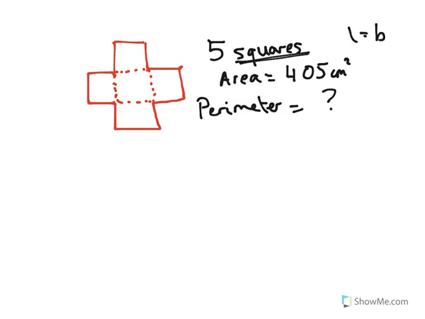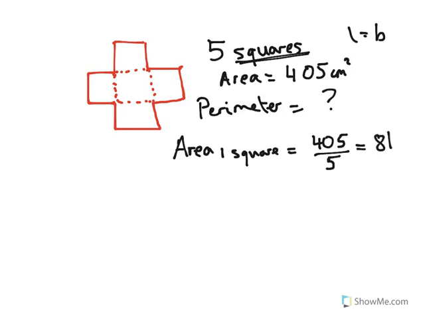You know that the area of the whole thing is 405 centimeters squared. The question is, what is the perimeter? Well, we know that the area of 5 squares is 405, so we want the area of 1 square, which is just 405 centimeters squared divided by the number of squares we have, which is 5.